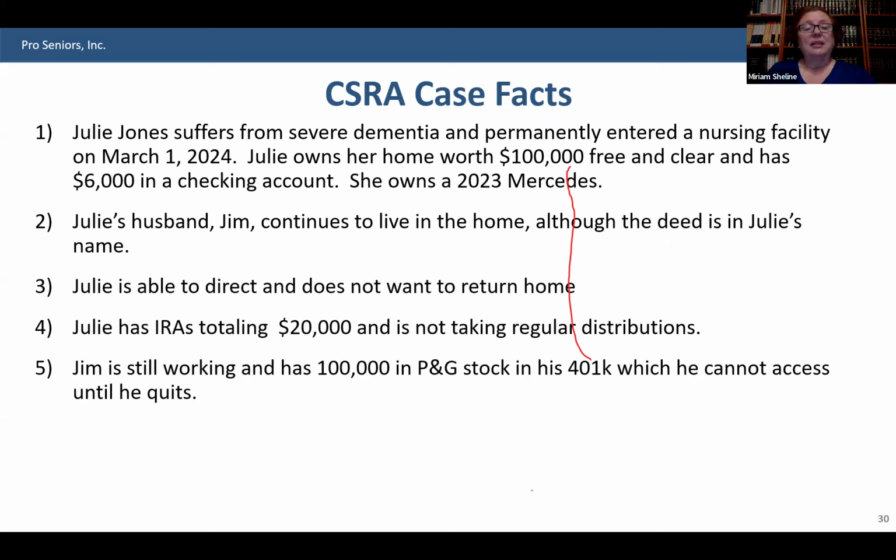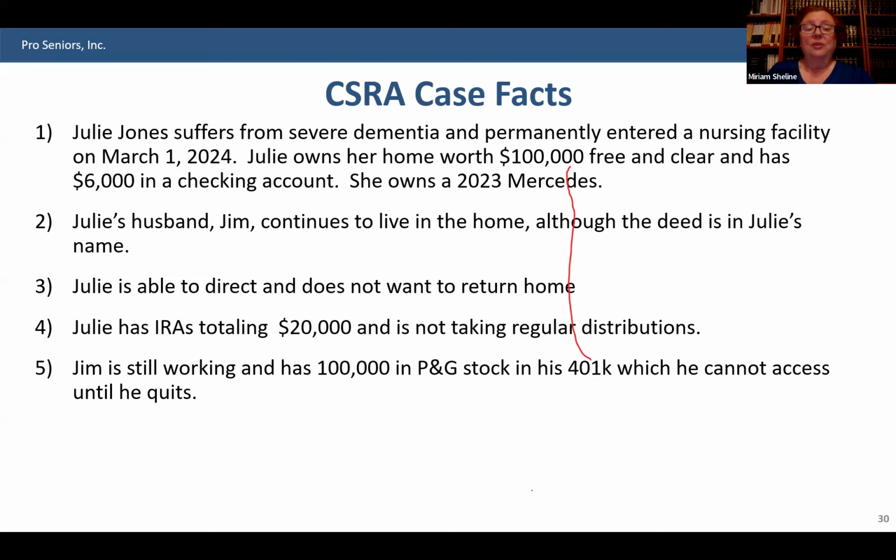At this point, the home is still exempt. The Mercedes is exempt. The IRAs are now counted, but Jim's P&G stock, which he cannot access, is another good example of those resources that you cannot convert to cash. And therefore it should also be excluded.